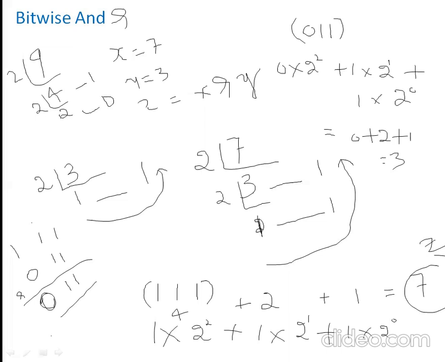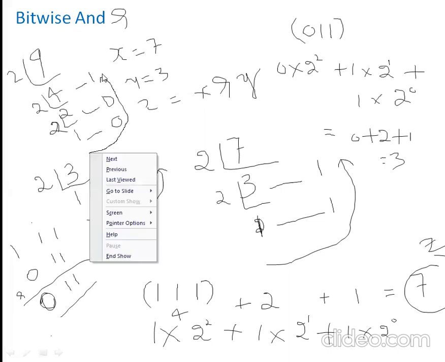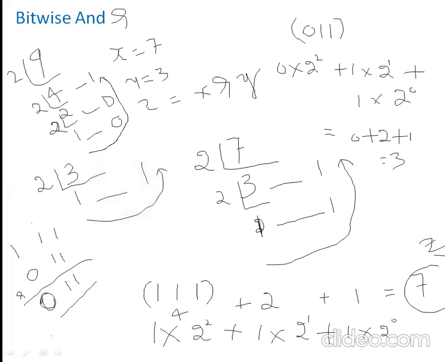Again, 2 into 2 is 1, remainder 0. Then 1, remainder 1. If you go from bottom to top, what will you get? 1001. Yes. Like that. Very good.